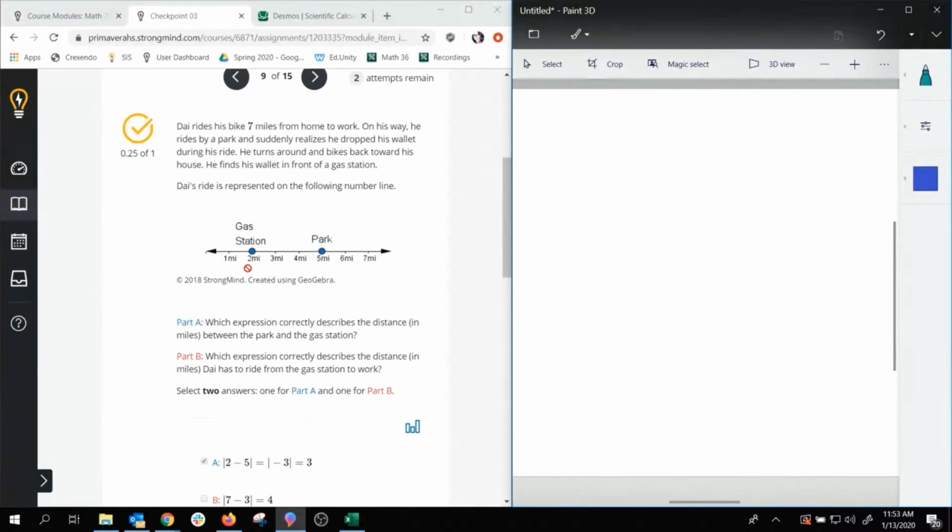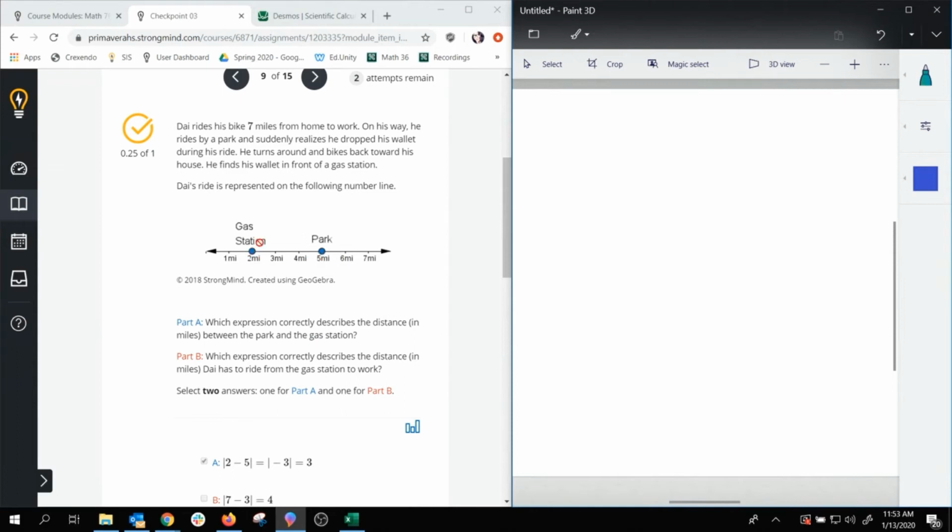Okay, so his gas station is 2 miles and park is 5 miles. I'm assuming that his house is 0, right? Because if you're starting at your house, that's 0. Which expression correctly describes the distance in miles between the park and the gas station? Okay, well, if the park is here and the gas station is here, what's the distance between those 2 points?